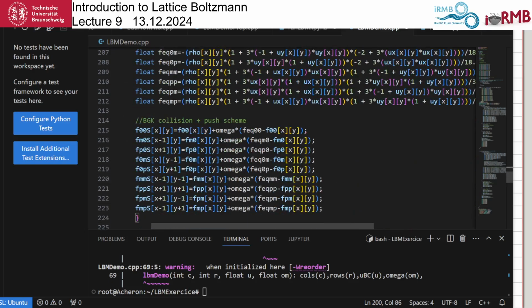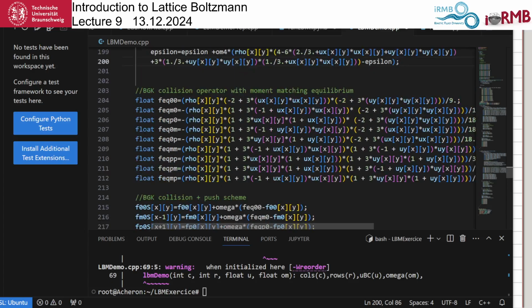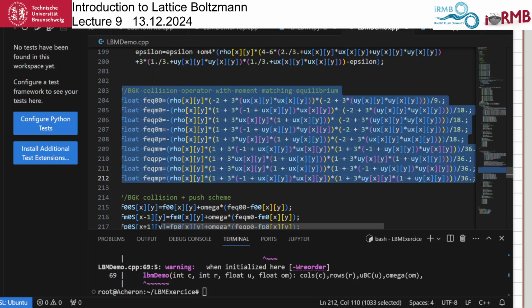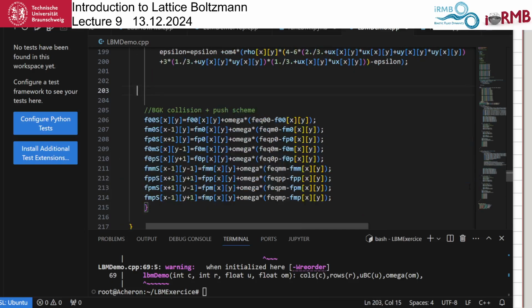So these, okay, this is something that we don't need. We need something else, and the thing that we need is to compute the post-collision moments.